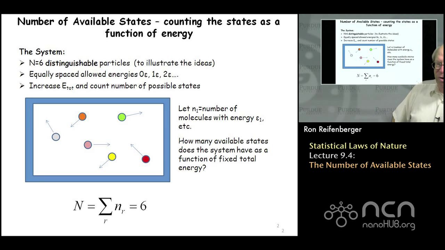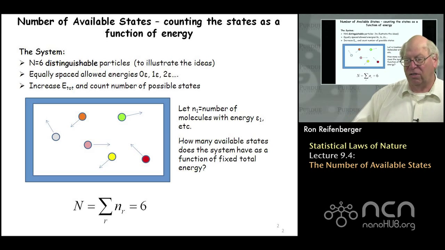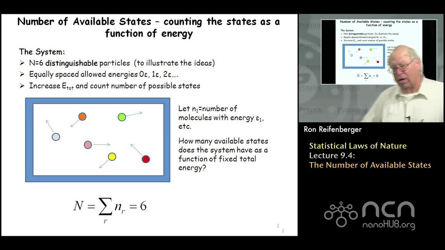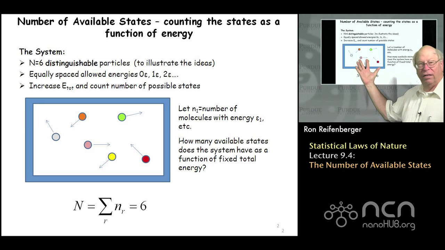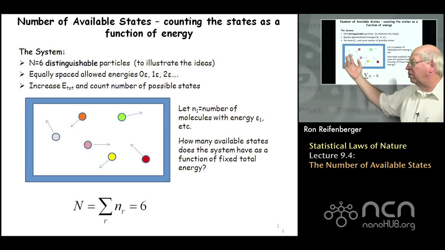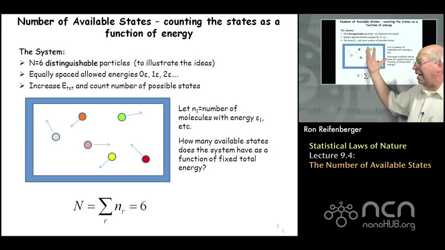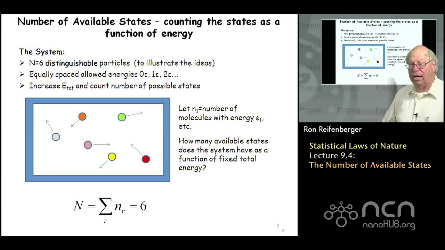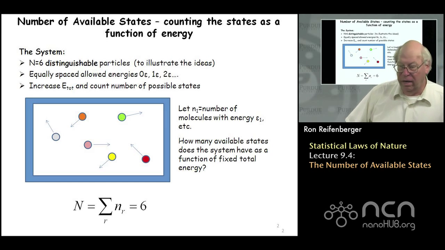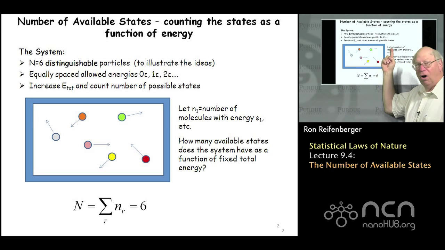And furthermore, we're going to slowly increase the total energy of the particles. So we're going to say that of these 6 particles, there's a total energy E total that's distributed among them. And we're going to ask, what are the possible states of the system that can result? So the notation we're going to use is we're going to say that small n, and we're going to subscript n with a number. The number we subscript it with is going to be the energy state.